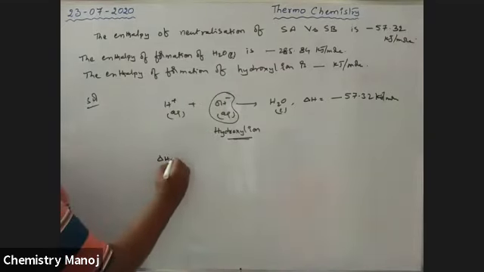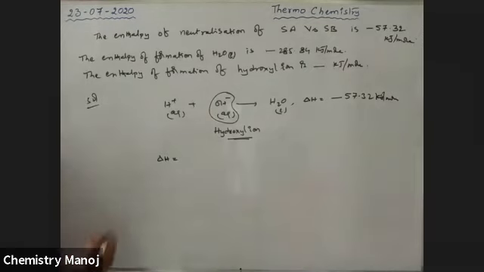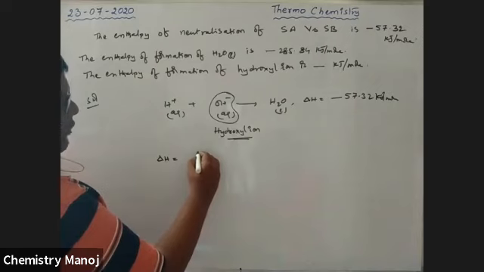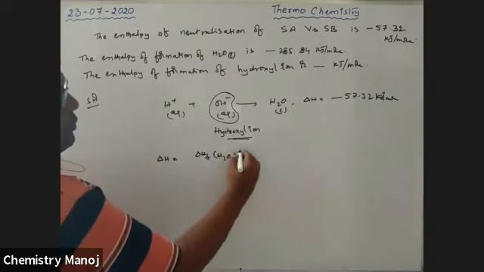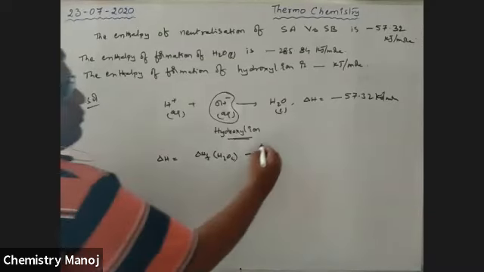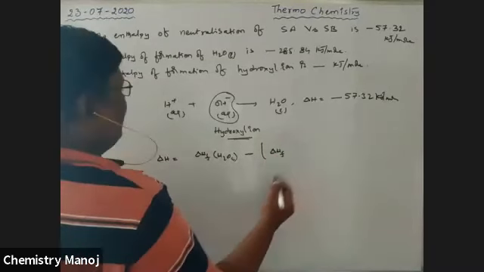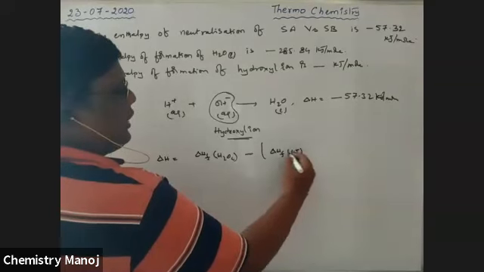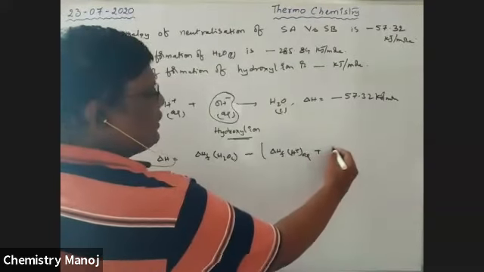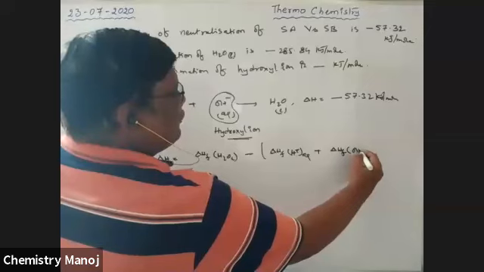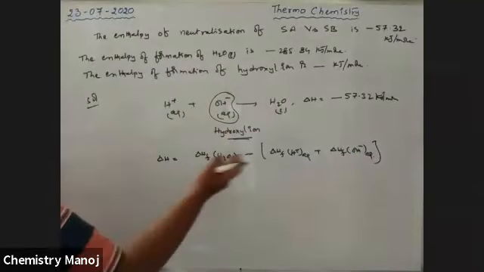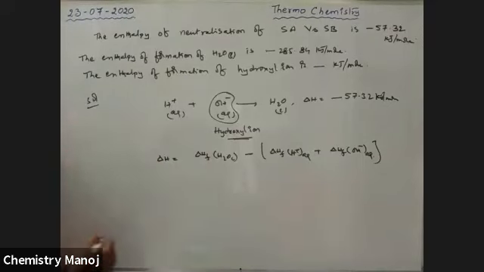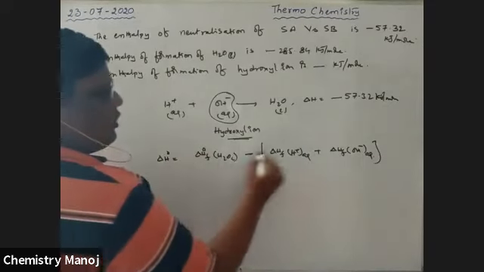Delta H of the reaction is equal to product value minus reactants value: enthalpy of formation of H2O liquid minus the enthalpy of formation of H plus aqueous plus the enthalpy of formation of OH minus aqueous.